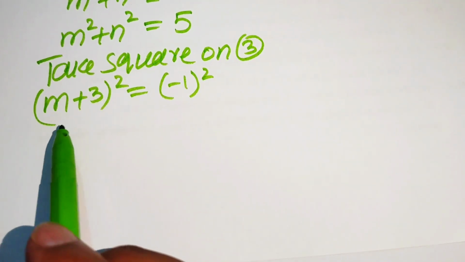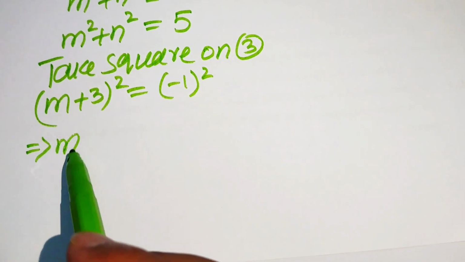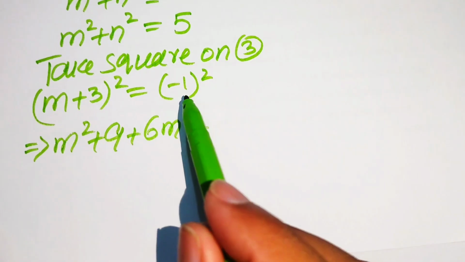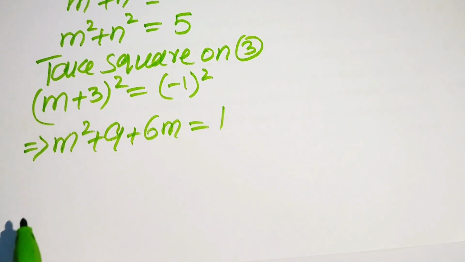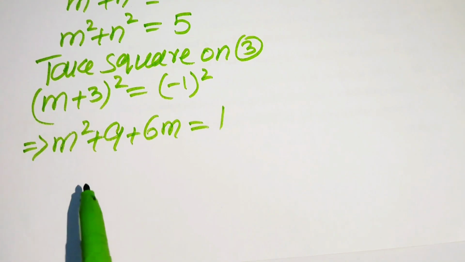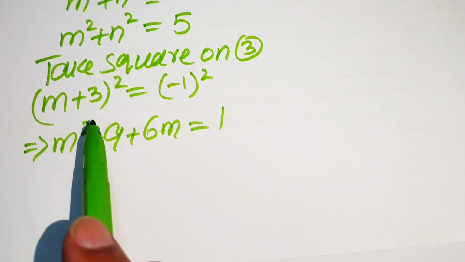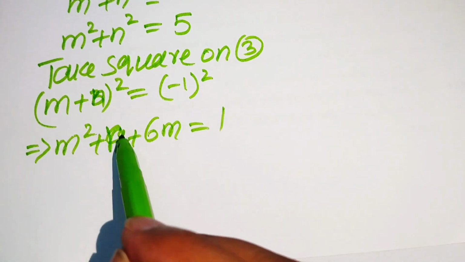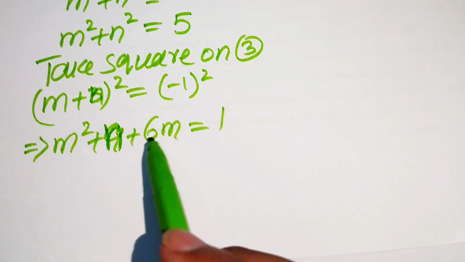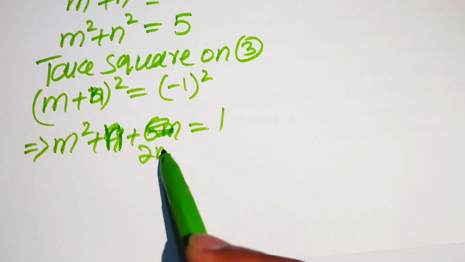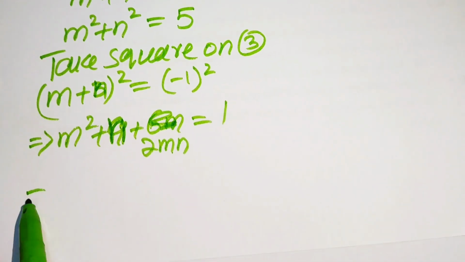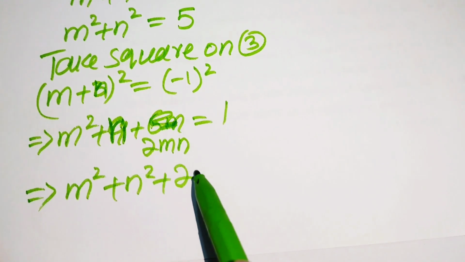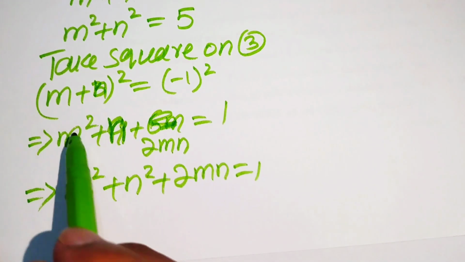When we open the square of m plus n, it is written as m square plus n square plus 2 times mn equals minus 1 square, which is plus 1. So we rewrite this equation as m square plus n square plus 2mn equals 1.